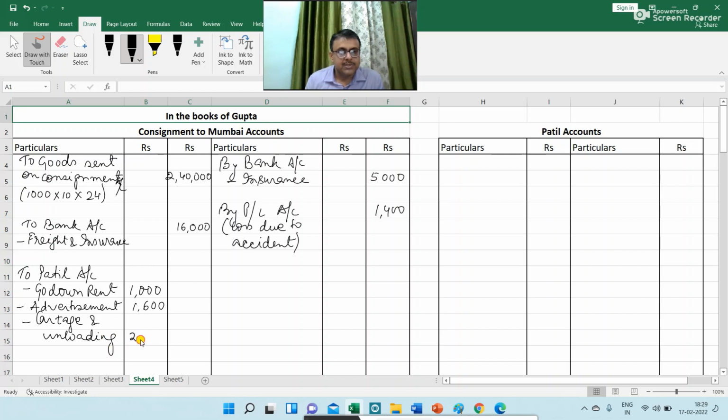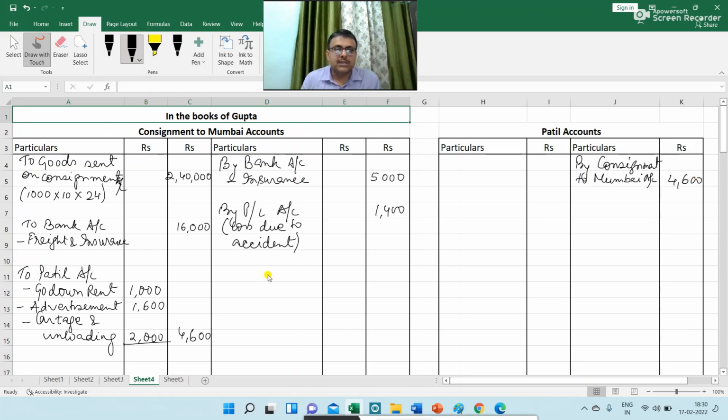So this is rupees 2,000. So total amount paid by Mr. Patil is rupees 4,600. Now you can write here in Mr. Patil account as by consignment account or consignment to Mumbai account. So this is 4,600.